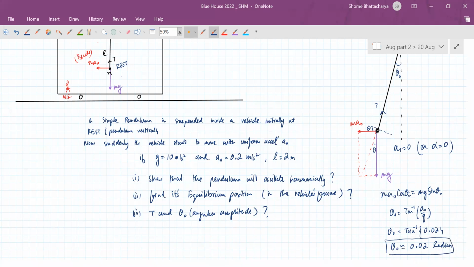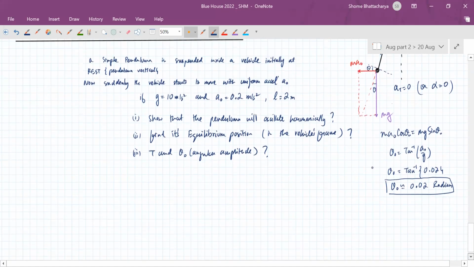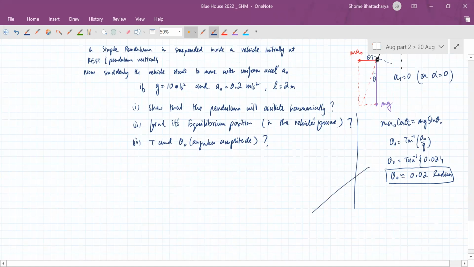So this will become your angular amplitude only, because the initial position was at vertical. Now with respect to this equilibrium state or mean position, if you take any angular displacement, then reorient yourself such that this is your y-axis, because this is where the equilibrium is.